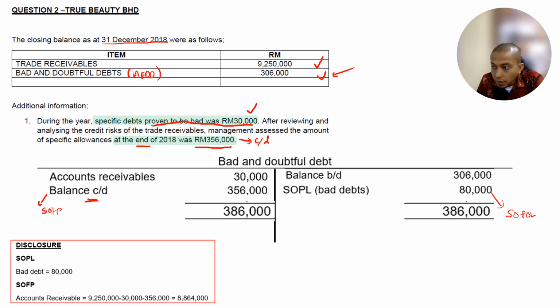Where do we put this figure? We put it under trade receivable because it is a contra trade receivable account. This is our trade receivable, and this is our allowance for doubtful debt. The amount that we get here is the net trade receivable. Expenses is here.